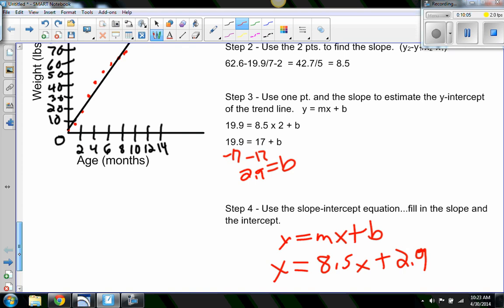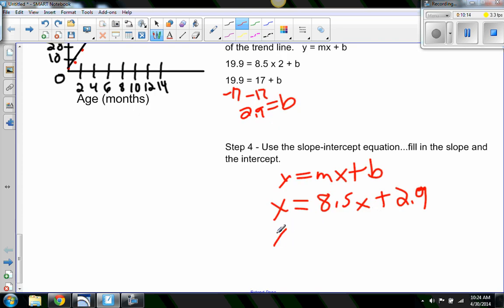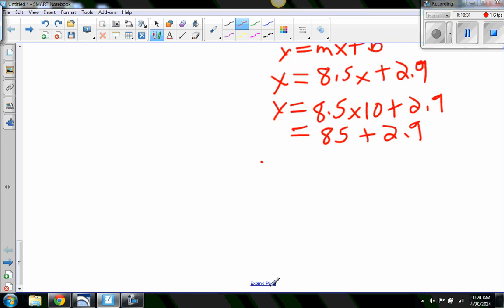You could estimate it by using that. If you want a more exact answer, you can use your equation. So if I plug in 10 for x, 8.5 times 10 is 85, plus 2.9. So my answer then will be 87.9 pounds for a 10-month dog.